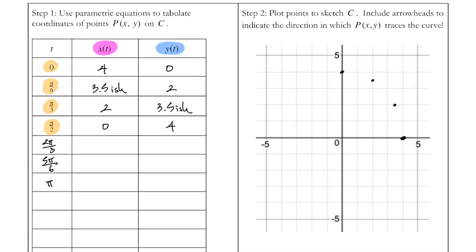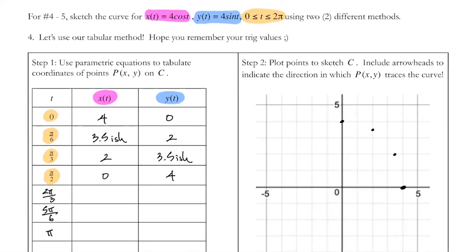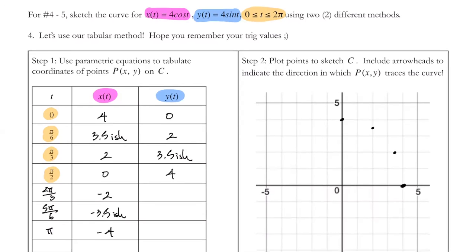So if we use our unit circle values, let's see, we plug x into 4, cosine of 2 pi over 3 will give us -2. When we plug in 5 pi over 6, it'll give us -3.5-ish. And when we go to pi, we'll get to -4, okay?